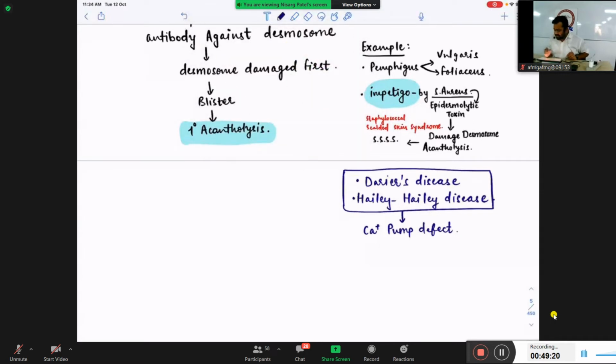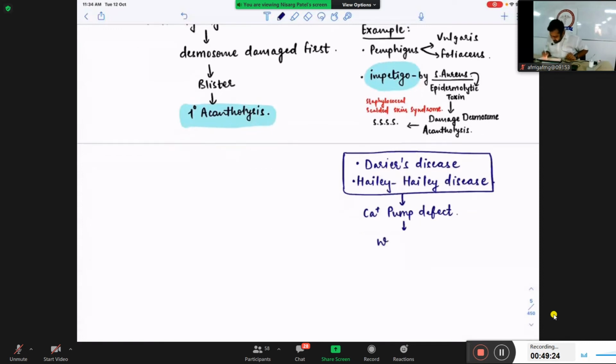But what I'm trying to say is, because of the calcium pump defect, they have very weak desmosomes. And because of these weak desmosomes, they will show primary acantholysis.